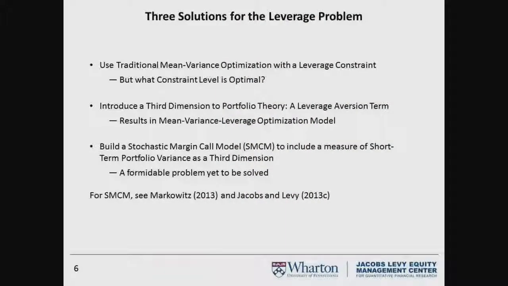What we'll do is evaluate portfolios for investors who are averse to leverage, and we'll also optimize portfolios for investors who are averse to leverage. The question is, what is the optimal level for that leverage constraint? An alternative method is to introduce a third dimension to portfolio theory and practice, which would be introducing a leverage aversion term. This results in the mean variance leverage optimization model.